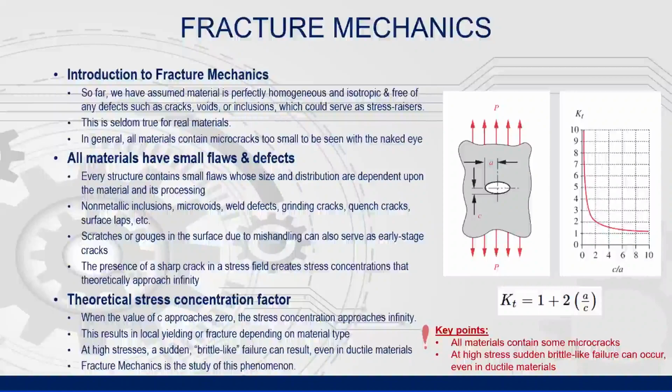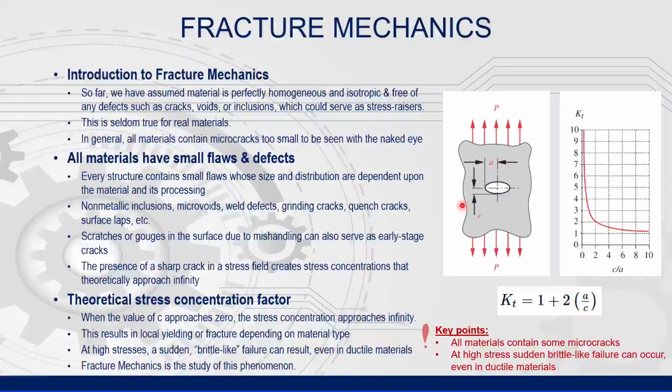Note the theoretical stress concentration factor, KT, shown on the slide. There are two variables defining the shape of the crack or void. The distance A is 1/2 the length of the crack, and the distance C is 1/2 of the width of the crack.